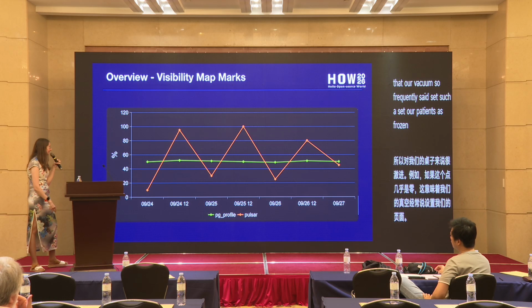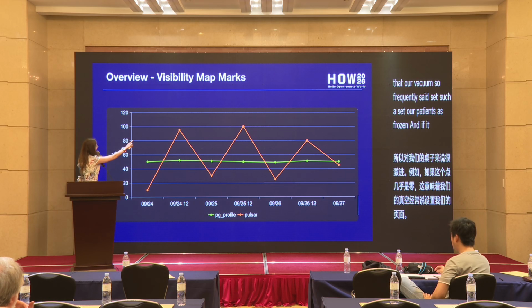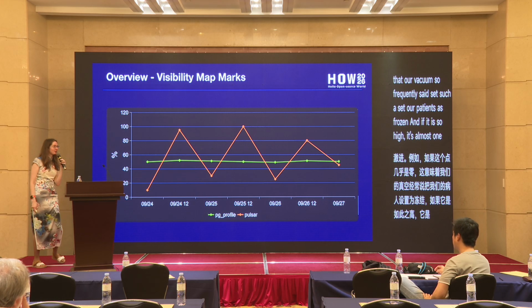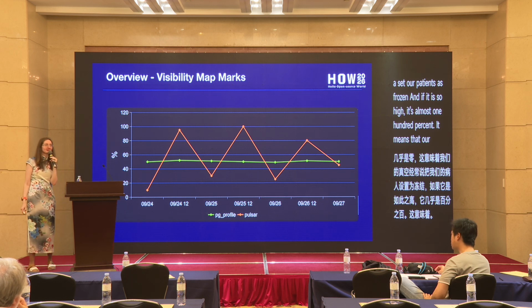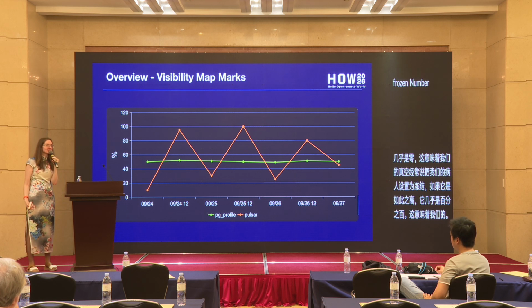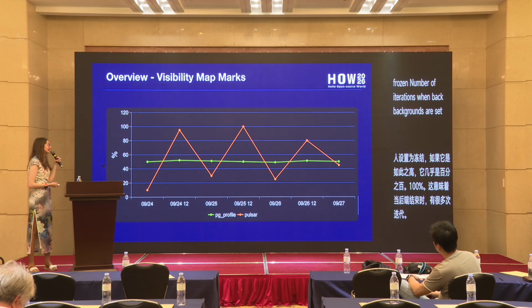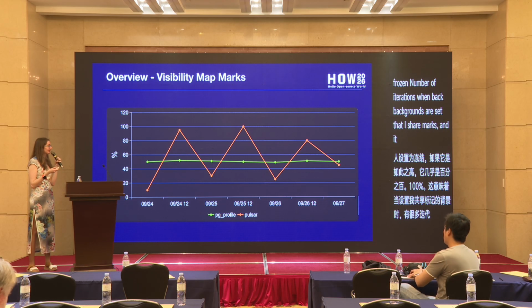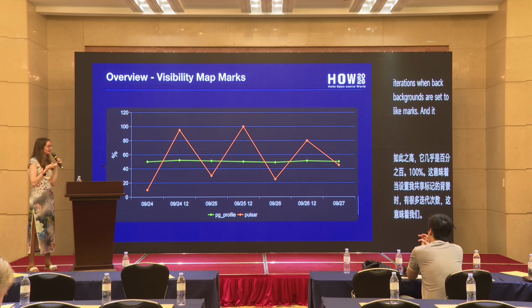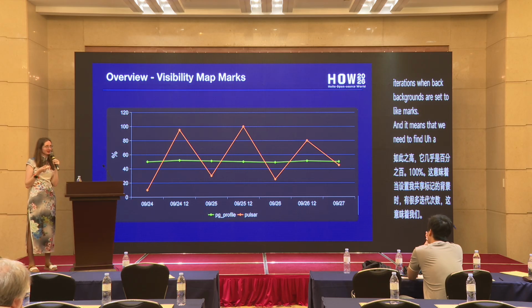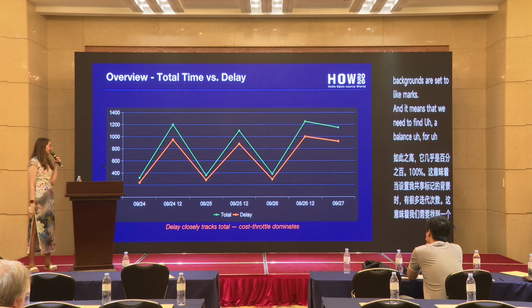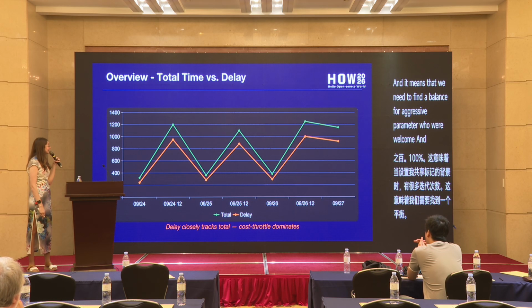And if it is so high, almost 100%, it means that there are a lot of operations where backends unset such marks, and we need to find a balance for the aggressiveness parameter of vacuum.